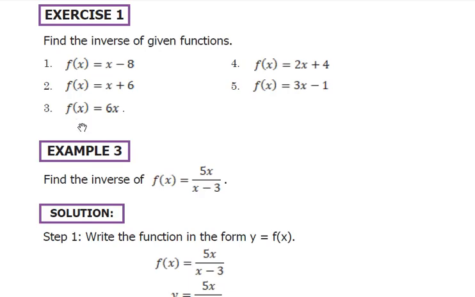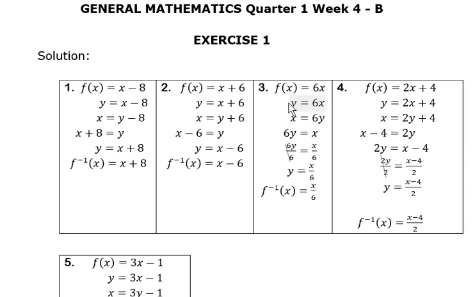Number 3, we have here a linear monomial function, f of x equals 6x. Simple function, let's go over this. So writing y equals 6x, then interchanging x and y, then we have to solve for y.